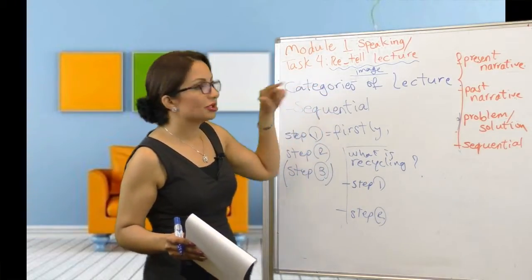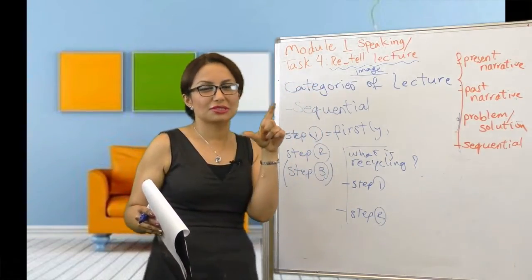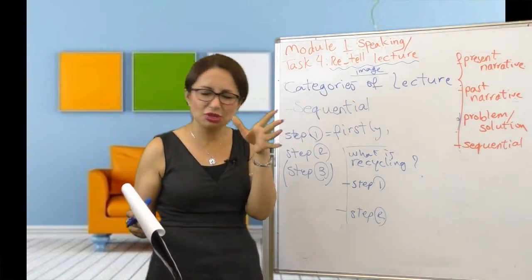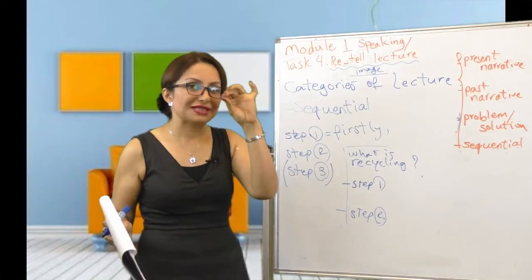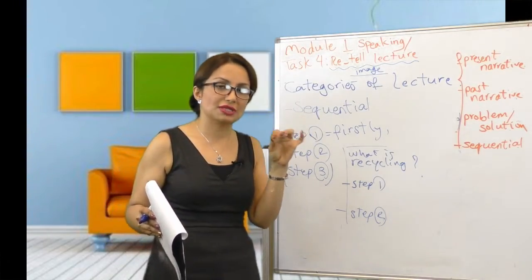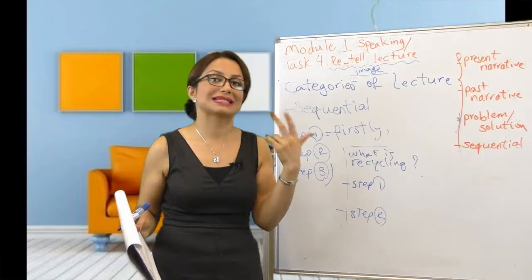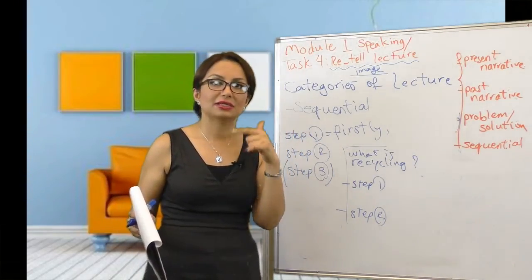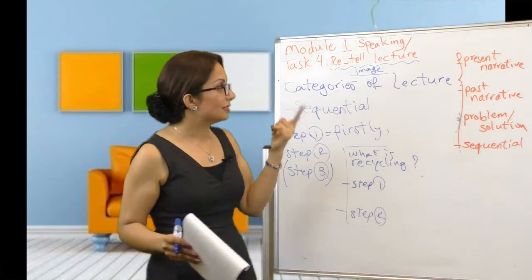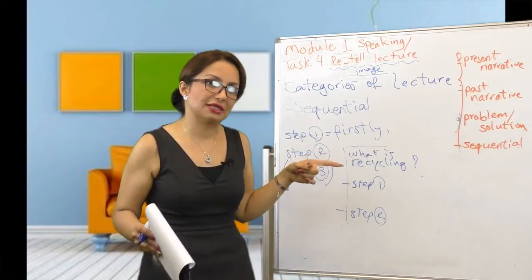In every Retell Lecture, you will listen to a lecture which is around 60 to 90 seconds, sometimes 100 seconds, which is the maximum time. After that, you have 10 seconds to finalize your notes and manage your presentation. After these 10 seconds, you will hear a tone indicating that your speaking time is starting, and then your presentation time is 40 seconds.